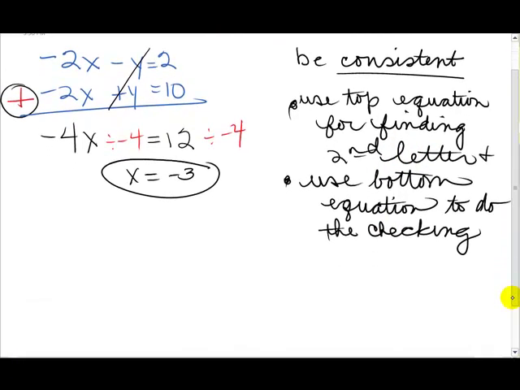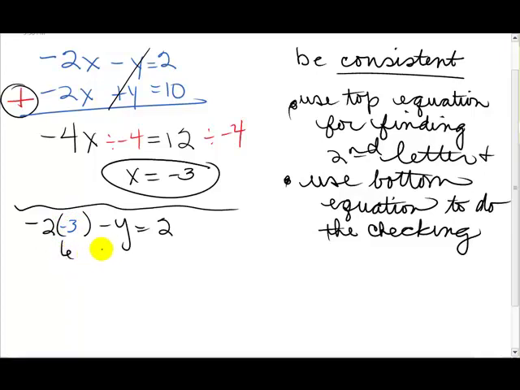So we are going to now find y. We're going to use substitution with our x. Negative 2 times x minus y equals 2. Take and put the negative 3 here. Minus the 6, divide by negative 1.